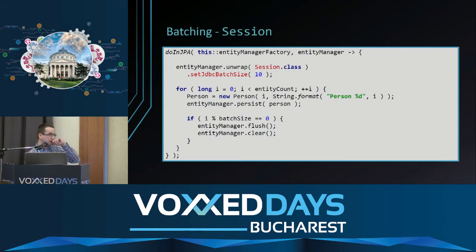If you want to make it dynamic, you can have it dynamic. You can even change it in the middle of the session if you want. But usually you want to define it per session, because when you're calling a session method, you already know what you're going to do. It depends on what you're doing, for example if you want to have a batch processor and still use the same session.